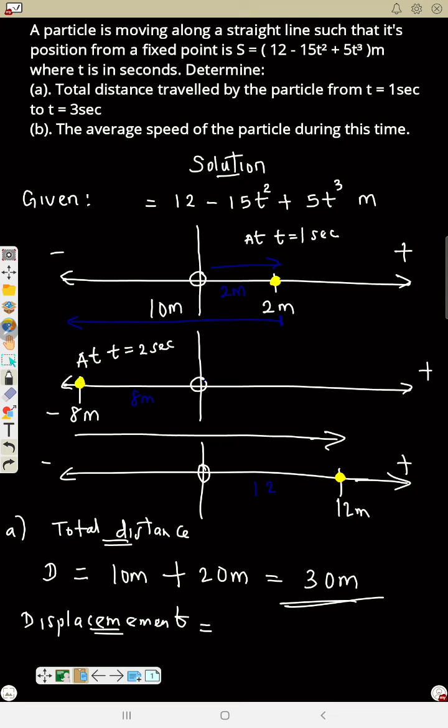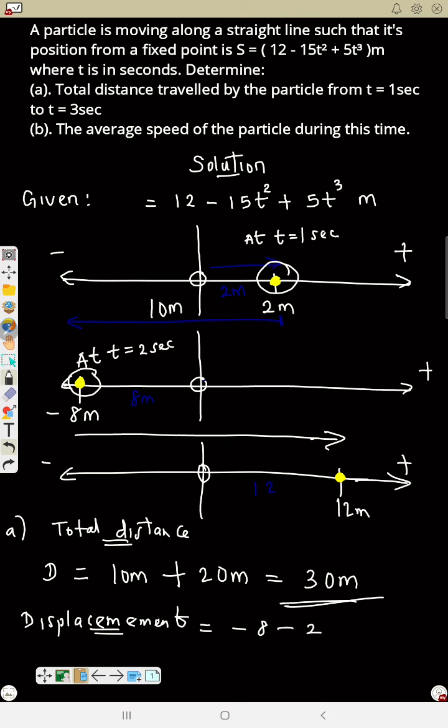Now, what is the final position here for the first journey? The final position is 8, while the initial position is 2, meaning from t equals 1 second to t equals 2 seconds first. Now, we move, final position is minus 8, minus initial position, that is minus 2.